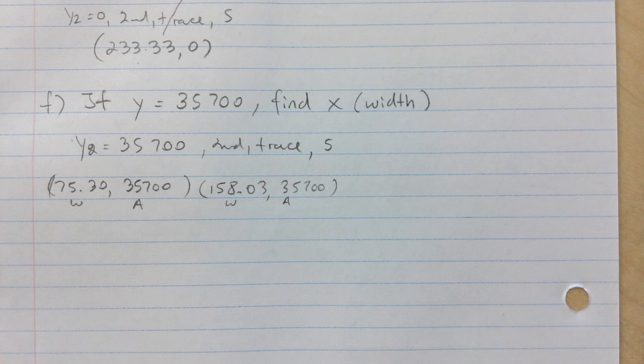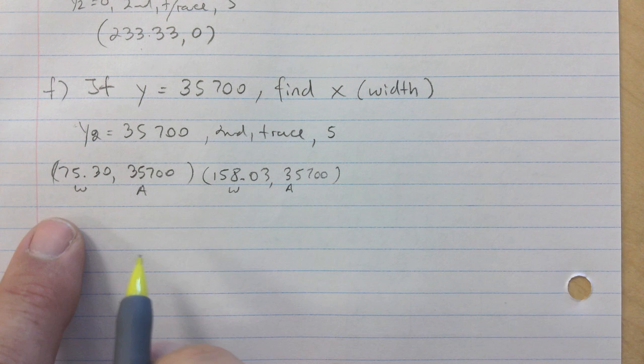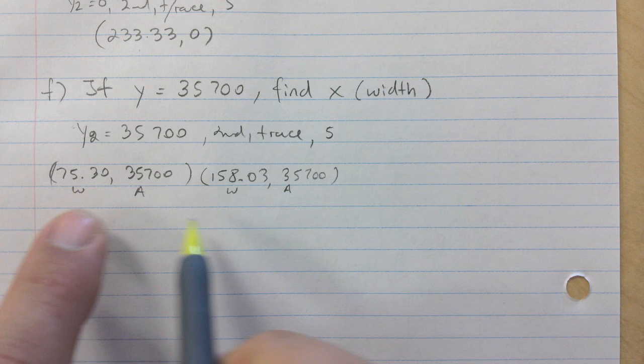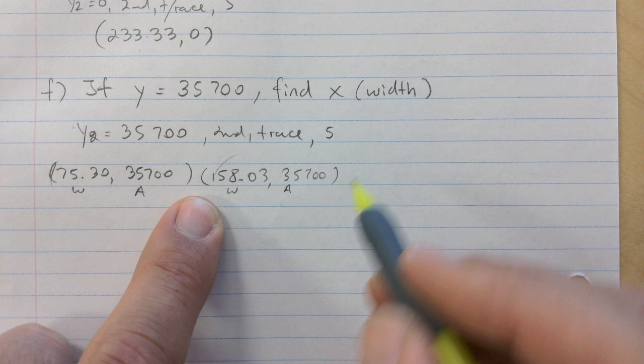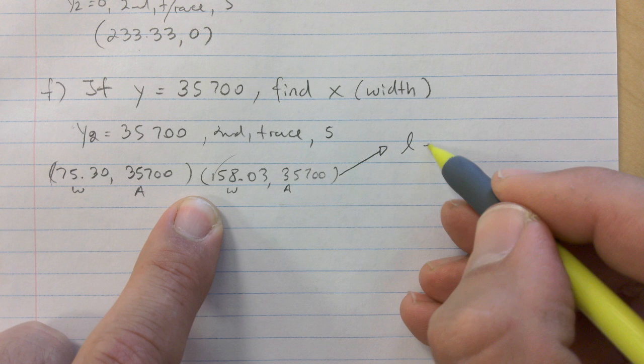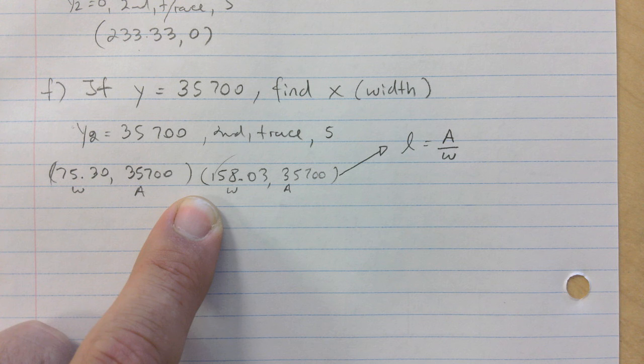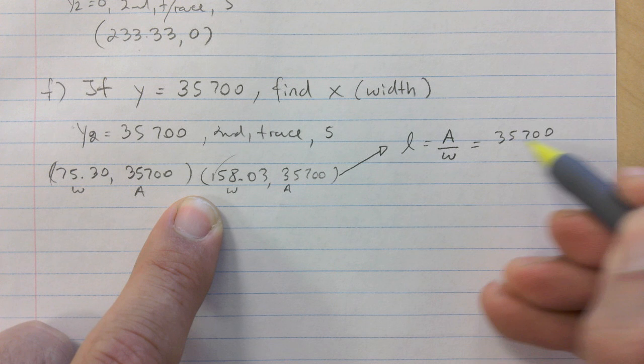So there are two instances. They want the dimensions for this scenario and the dimensions for this scenario. This one, I already have the width. Length is always going to be area divided by width, by the way. So it's 35,700 divided by 158.03.